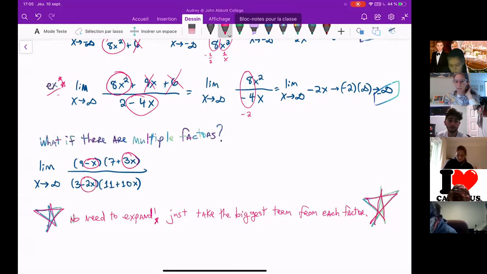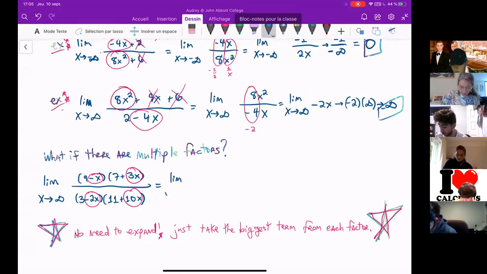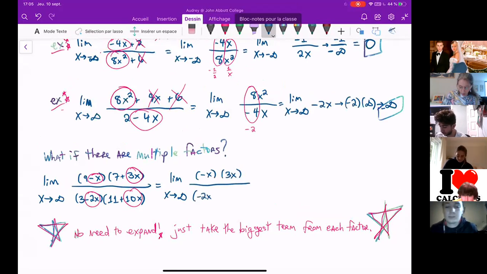Minus 2x, yeah. 11 plus 10x. 10x. Ta-da! So I'm taking the big thing from each factor. And this gives me the limit as x approaches infinity of minus x times 3x over minus 2x times 10x.